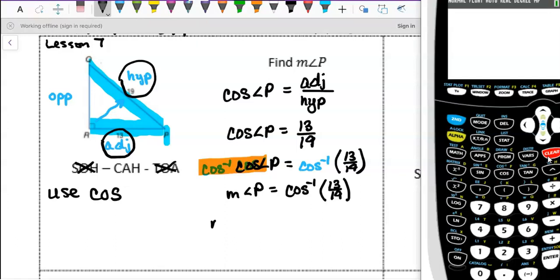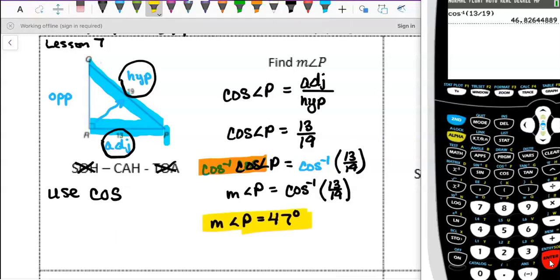Just use our calculators and the cosine inverse, which I get with the second key. Type in my fraction, 13 divided by 19, and hit enter. If I round to the nearest degree, this would be 47 degrees. Okay?